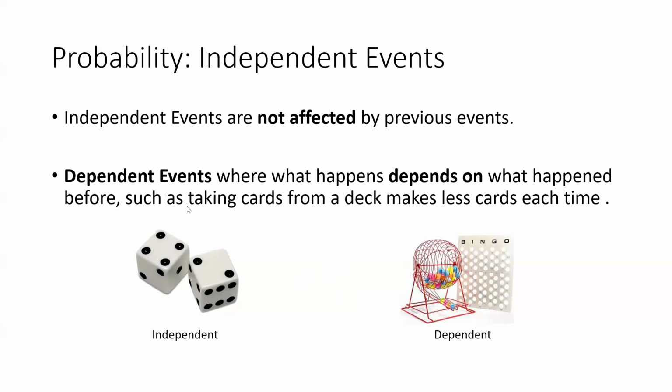So if we have a deck of 52 cards and we're looking to draw a jack, and we draw 4 cards from the deck, none of which are jacks, well, now we have 48 cards remaining in the deck and 4 jacks. So there's a greater probability of receiving a jack on a subsequent draw than there was initially. Because initially, if there are 4 jacks in the deck, it's 4 in 52 probability of drawing a jack. But now that 4 cards have been removed, it's 4 in 48.